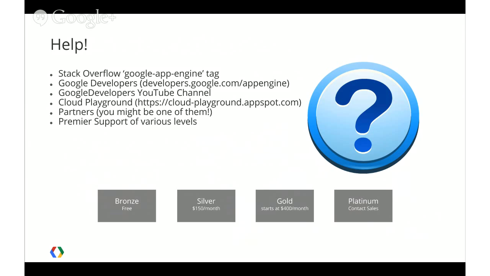And if you need help, I'd suggest looking to some of our partners, and these are listed on our cloud.google.com/partners site. In fact, you might be one of them, but we've got a lot of partners that can help. And again, I highly recommend our Premier Support. We've really got some bright, talented support engineers that can help with your various issues.